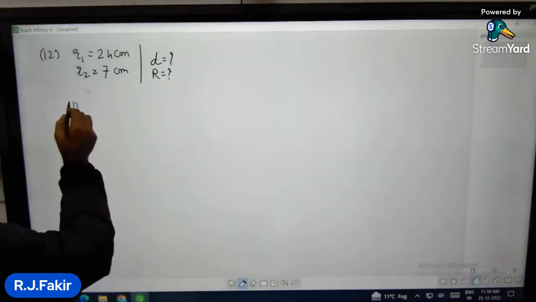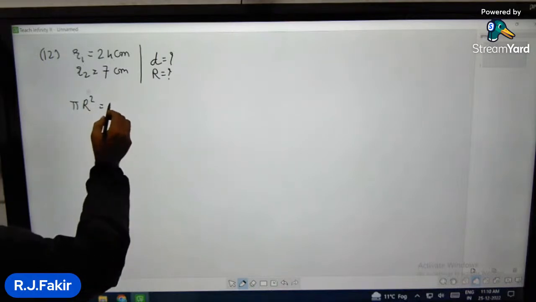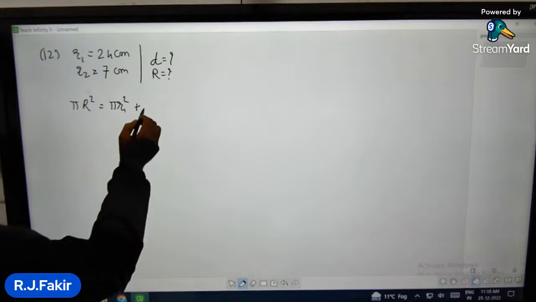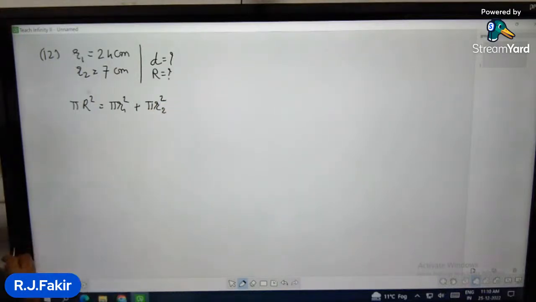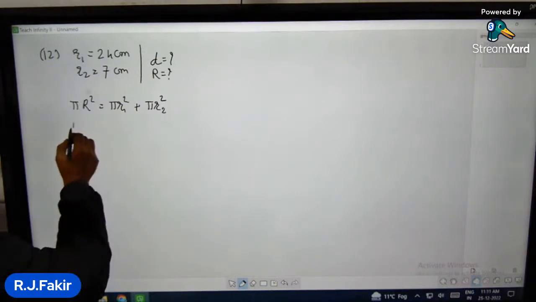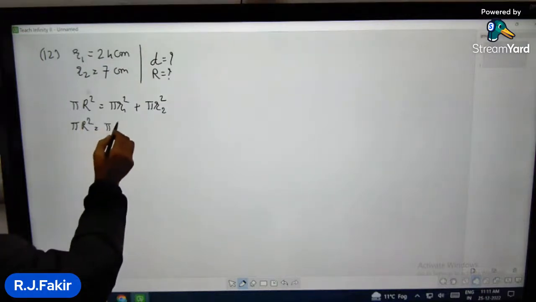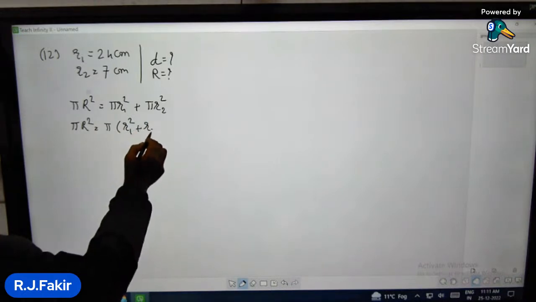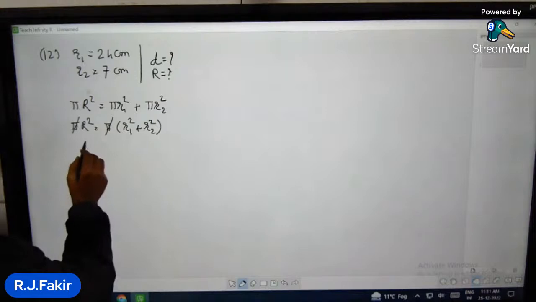You know that the area of the bigger circle is equal to the sum of the areas of these two small circles. So that can be written as pi R square equals pi times r1 square plus r2 square. This pi will be cancelled out.